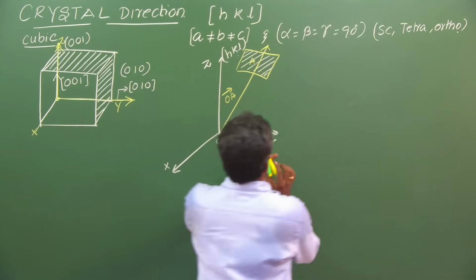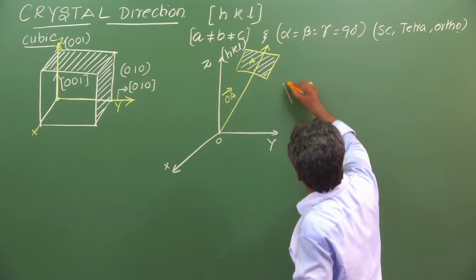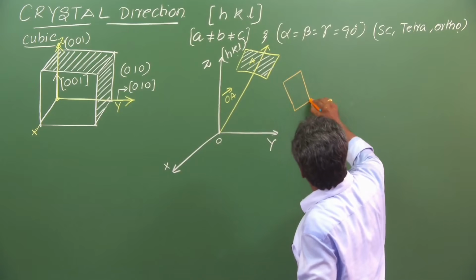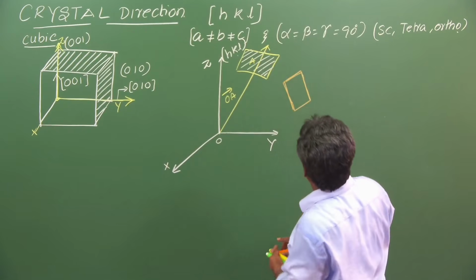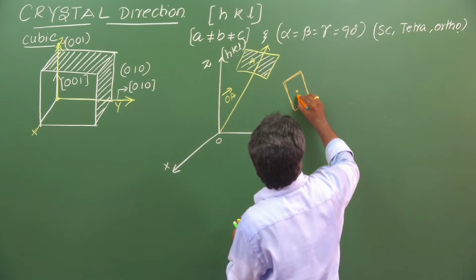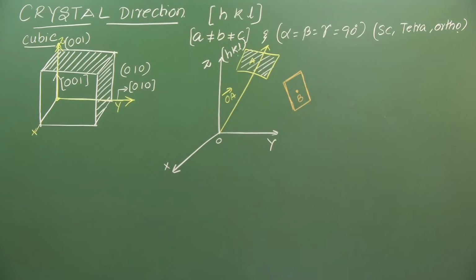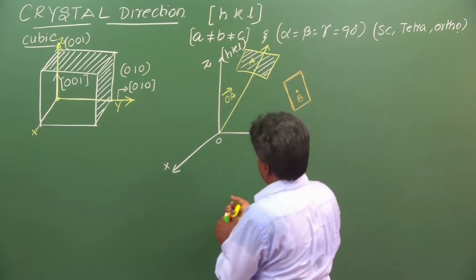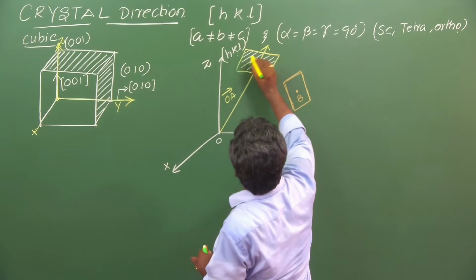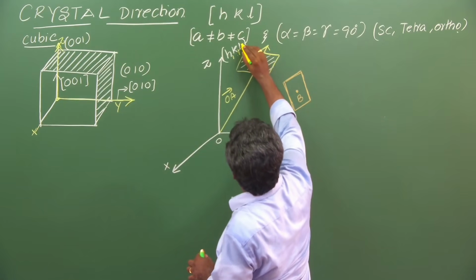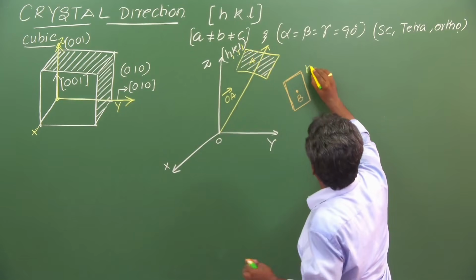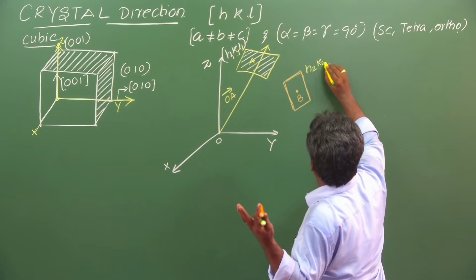And next I am taking another plane, just like this, something else. I am taking the point here B. I am taking this Miller indices H1, K1, L1, and this Miller indices H2, K2, L2.